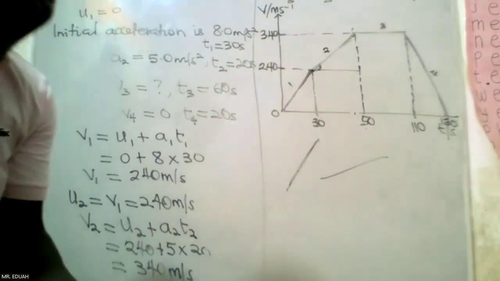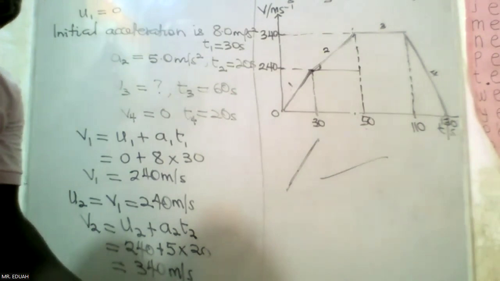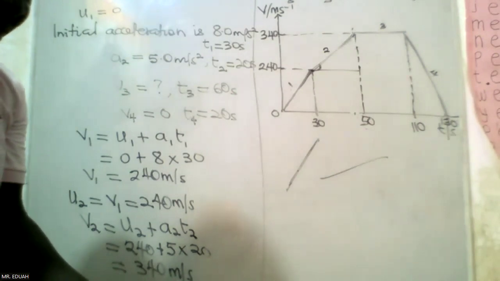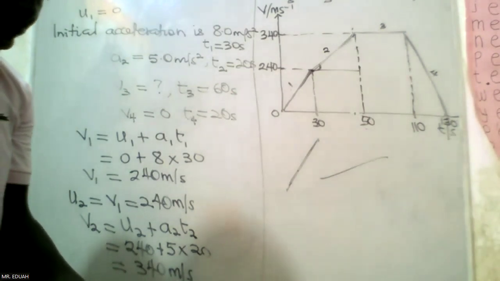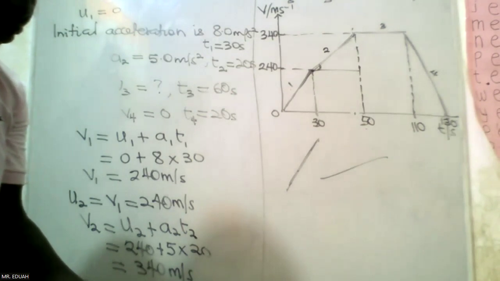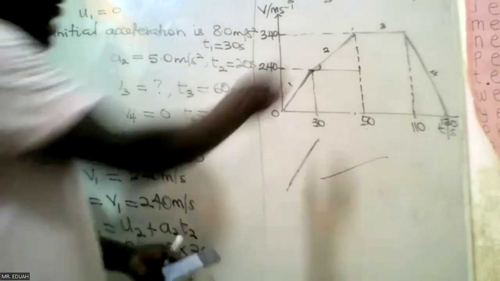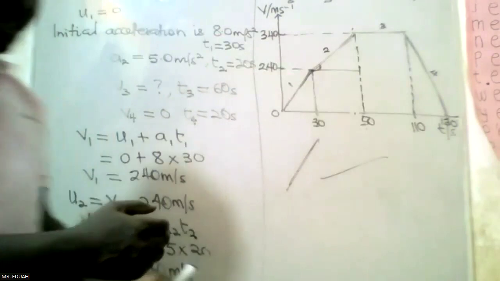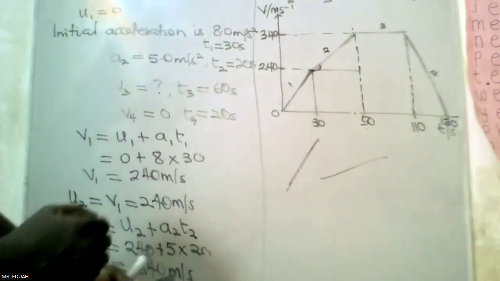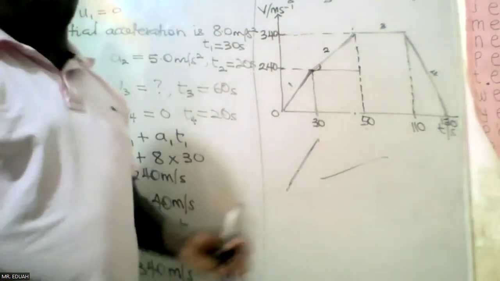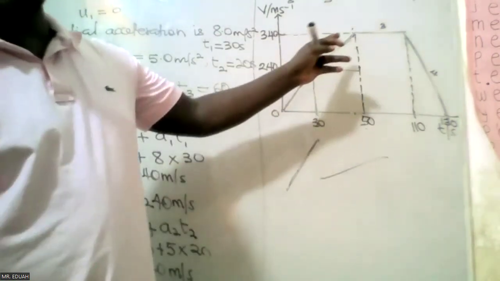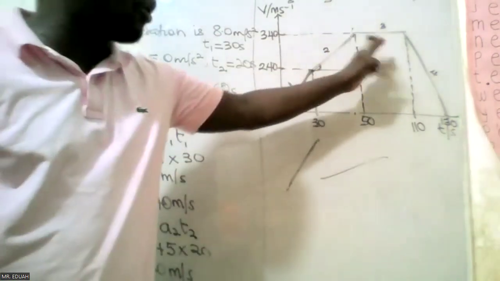Then the final part of the motion says that the body is brought to rest after this. The body was brought to rest in 20 seconds. When a body is brought to rest, it means it is coming to a stop where its final velocity is 0.